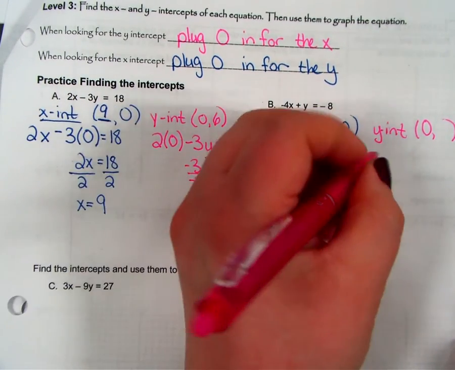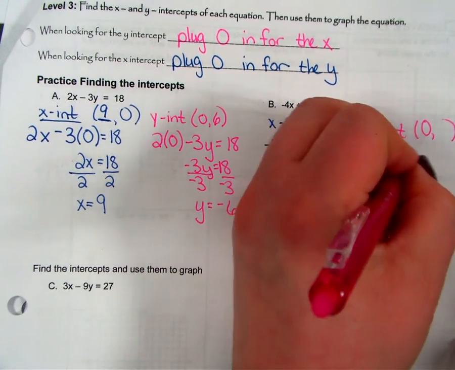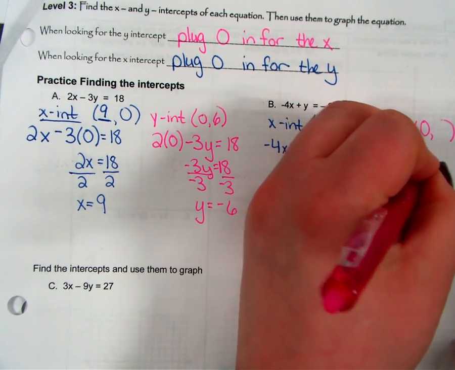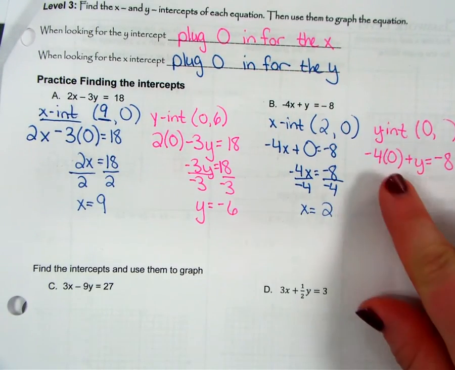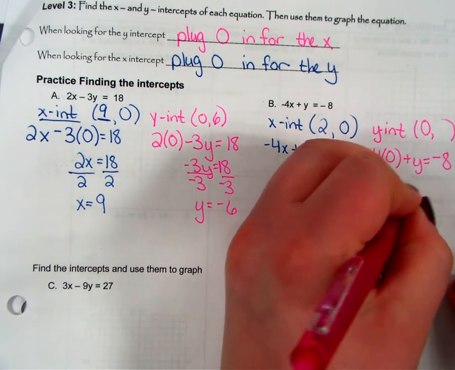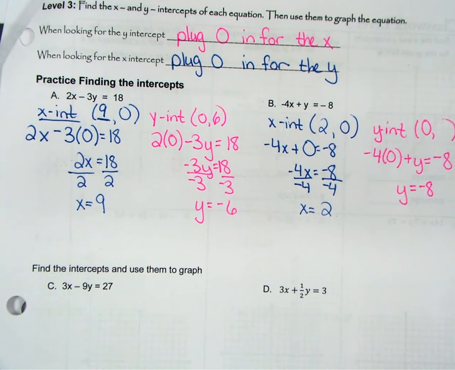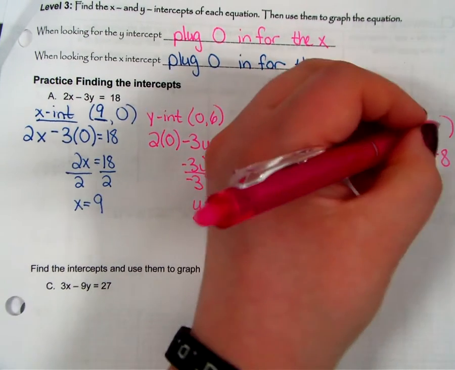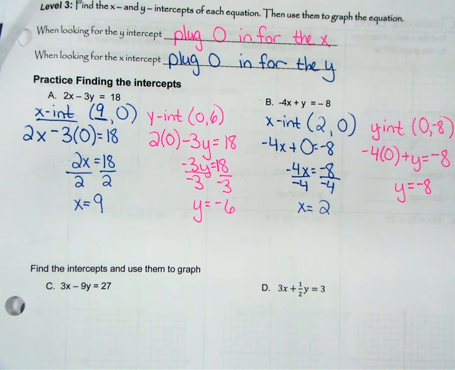I'm going to put 0 in for x. 0 times negative 4 is just 0. So this might be one of our favorites of all, because I am already to the point that y equals negative 8. So my y-intercept is at 0, negative 8.